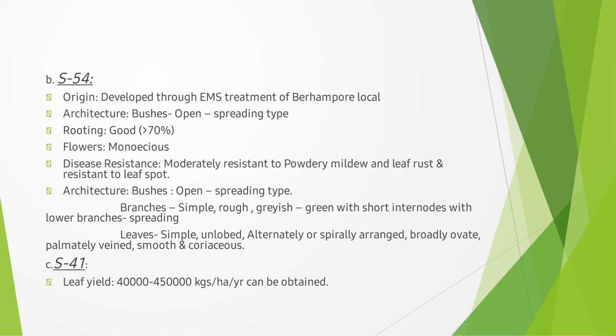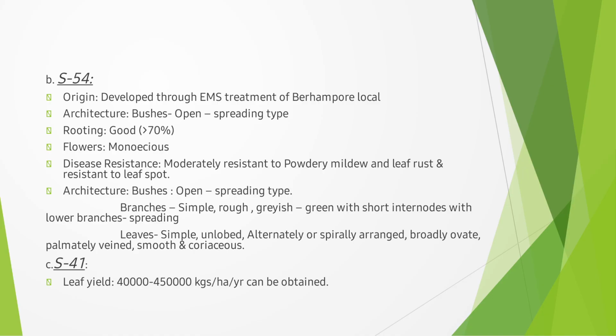The architecture is bushes open, spreading type, rooting good, greater than 70%, flowers monoecious, disease resistance: moderately resistant to powdery mildew and resistant to leaf spot. Branches simple, rough, grayish green with short internodes, lower branches spreading.